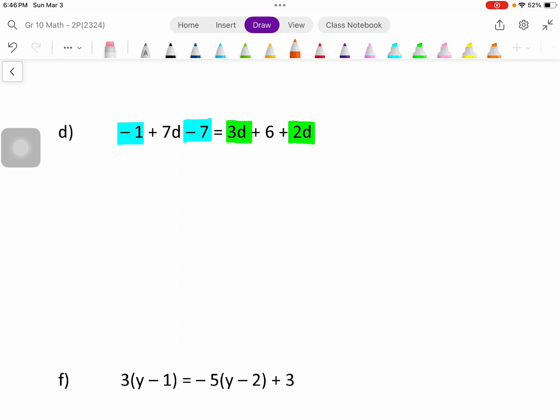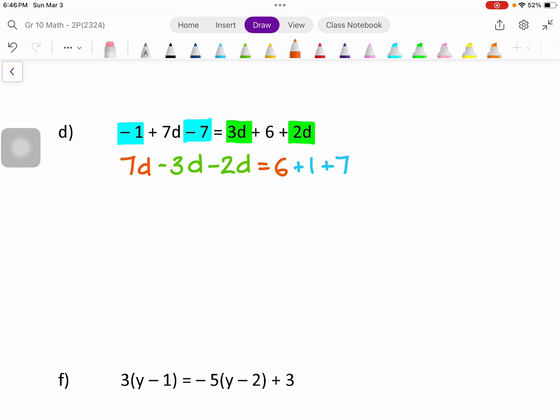So to start with, I have a positive 7d. 3d is positive, but it's going to move. So it's going to become a subtraction of 3d. 2d is also positive, so when I move it, it will become a subtraction. On the opposite side, I had 6. I am moving a subtraction of 1, which will become an addition of 1, and a subtraction of 7, which will become an addition of 7.